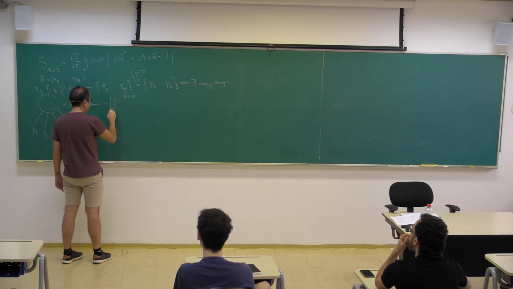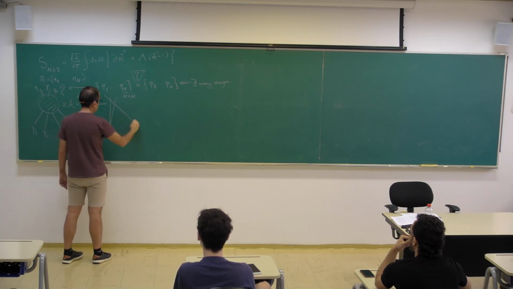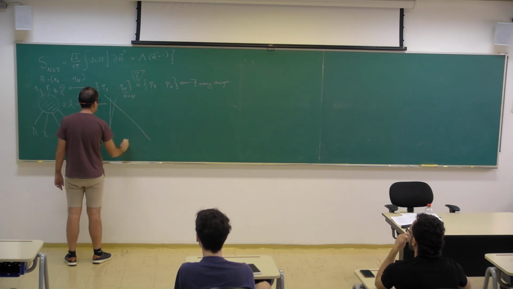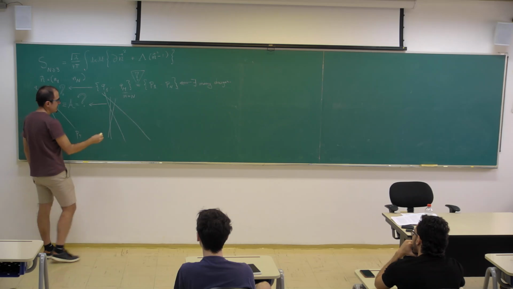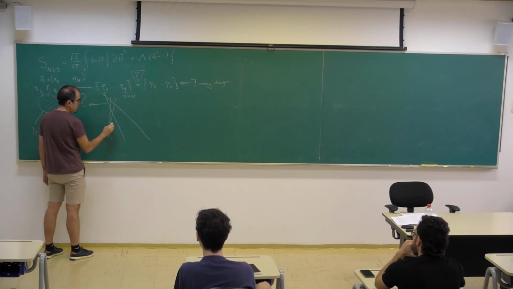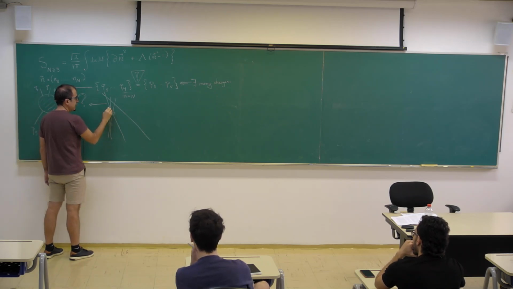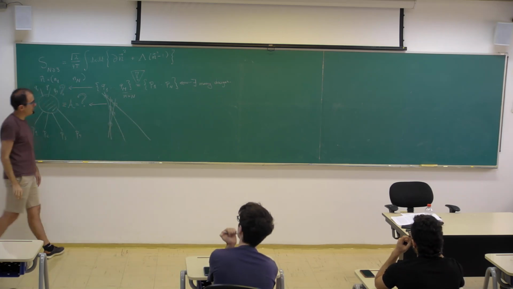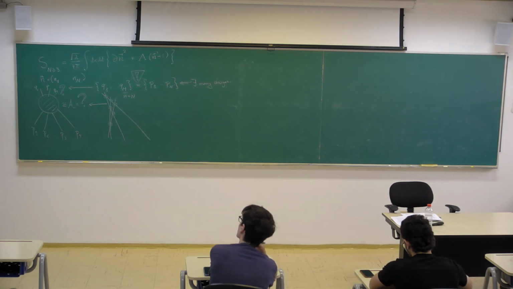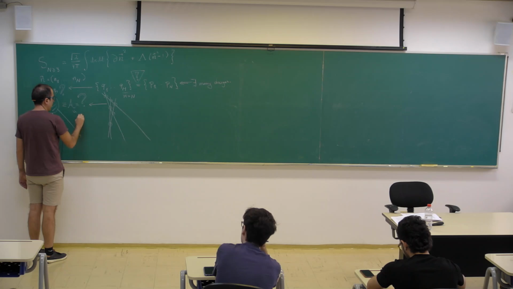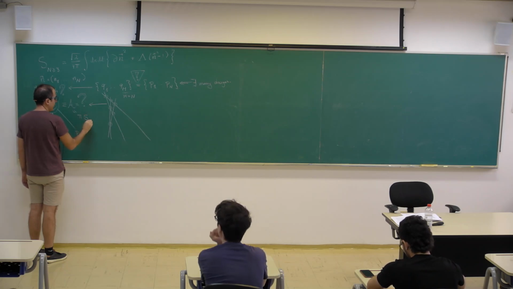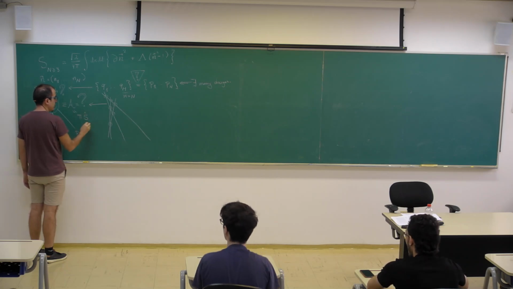In this case, for example, that I scatter 4 particles, I could draw something like this and say that my amplitude is a product of 2 to 2 scattering events. And so in this case, my amplitude would be a product of these objects that are called the 2 to 2 S matrix.